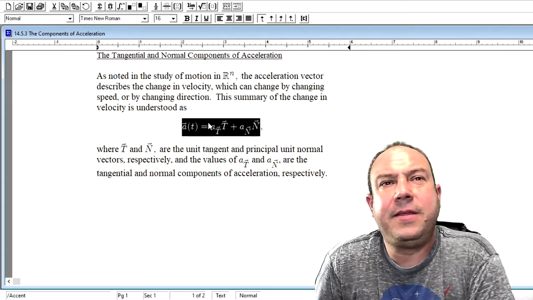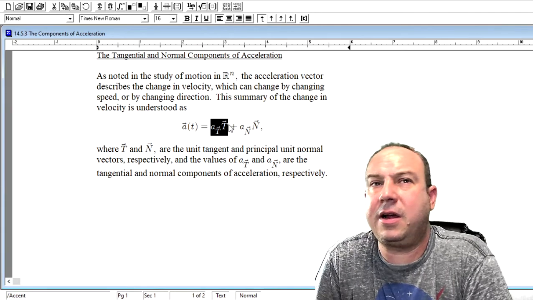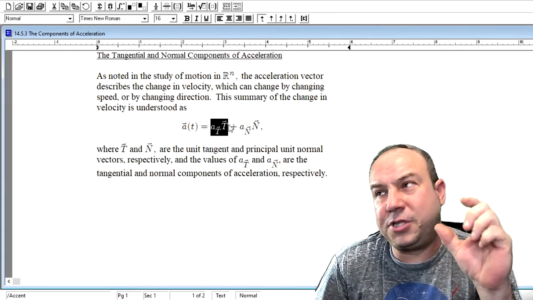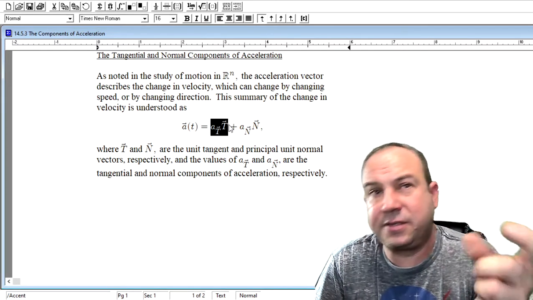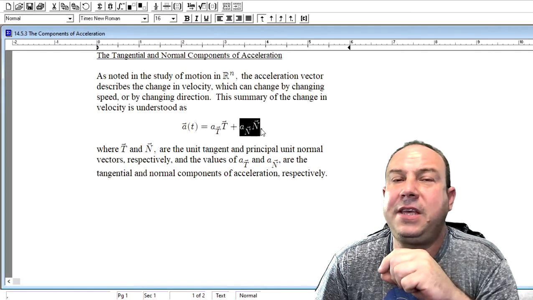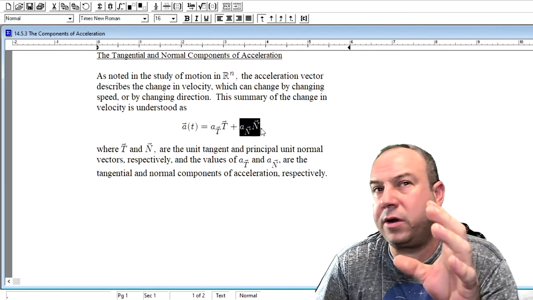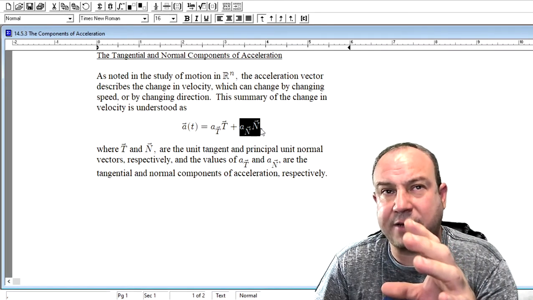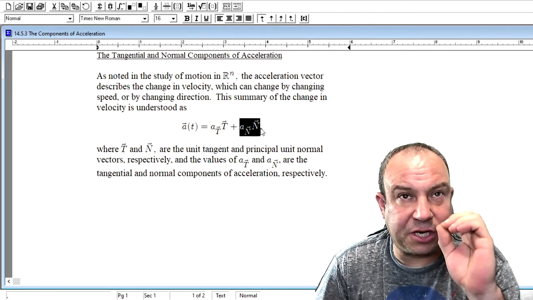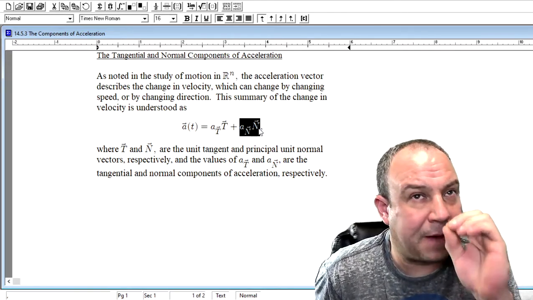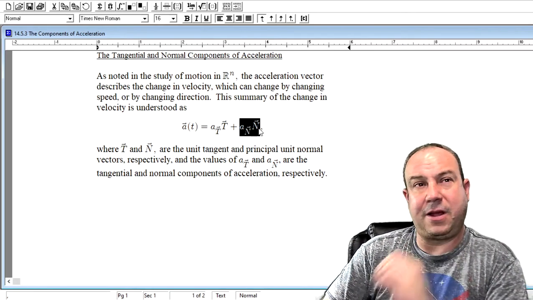The A of T bar times T bar highlights the change in speed that a change in velocity might illustrate, and the normal component of acceleration times the principal unit normal vector will highlight the change in direction that a change in velocity might illustrate, right?